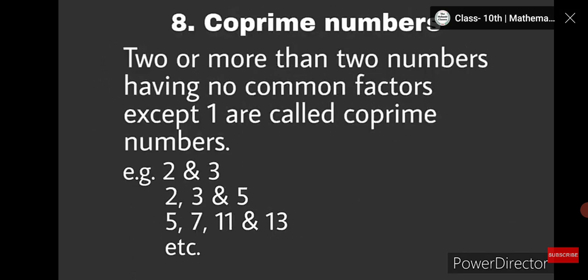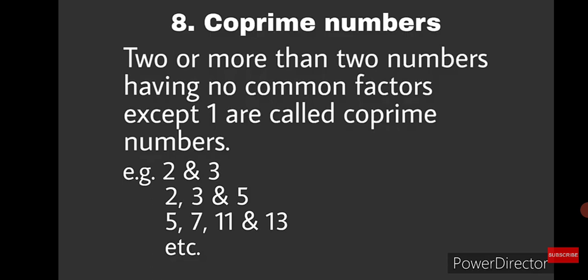Next, co-prime numbers. Two or more than 2 numbers having no common factors except 1 are called co-prime numbers.